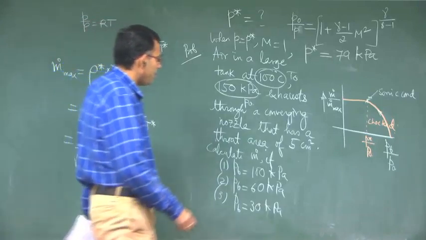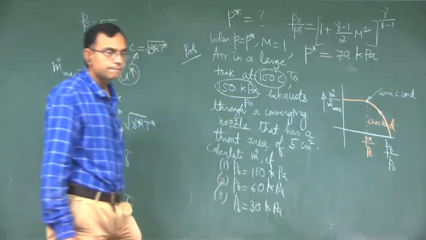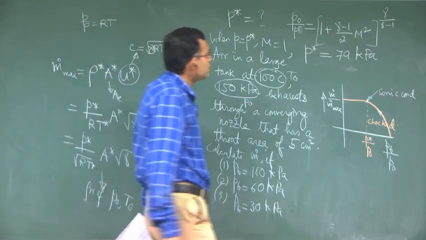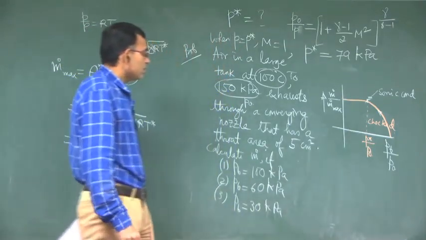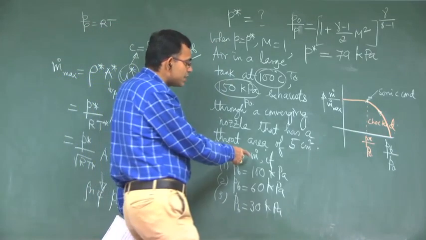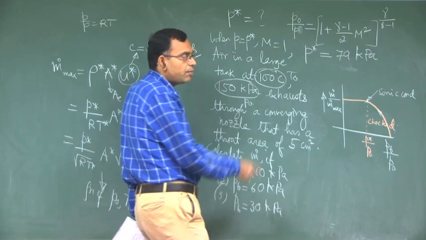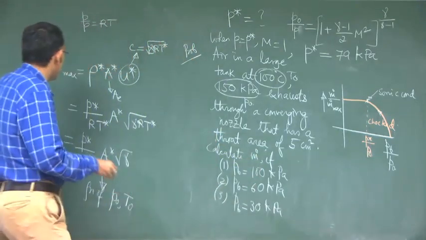So, when Pb is 100 kilopascal, then m dot is less than m dot max, right, and m dot can be calculated as rho A u.